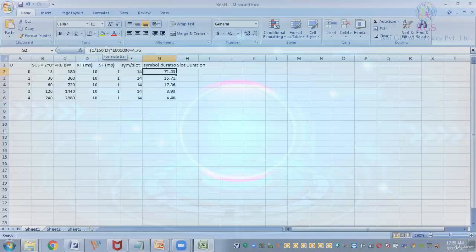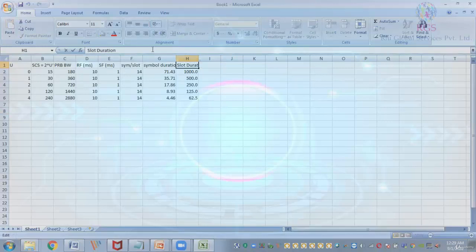And what is the symbol duration? This. So what will be my slot duration? Very simple. This times 14. Could you see? And they're all in microseconds, right?